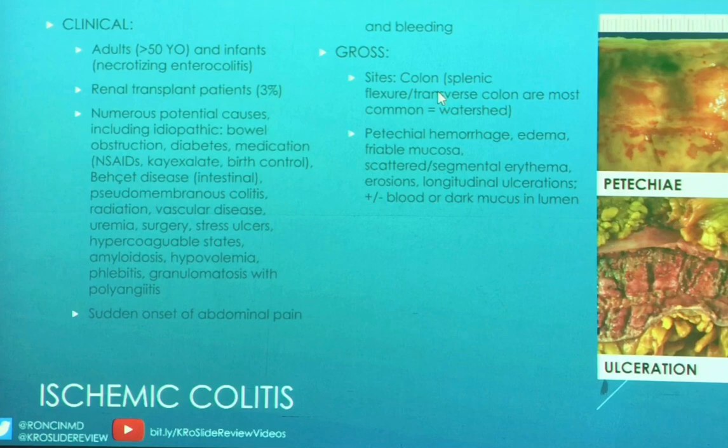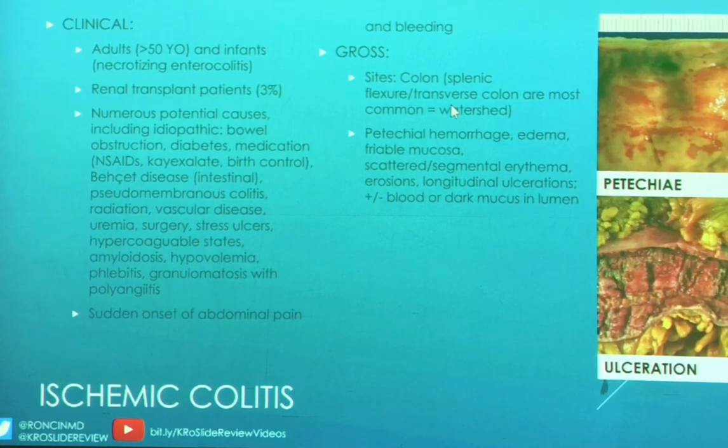And a watershed area means that while it's perfused, it doesn't do well if those small arteries are either thrombosed or constricted because it can't quite reach all the tissue.